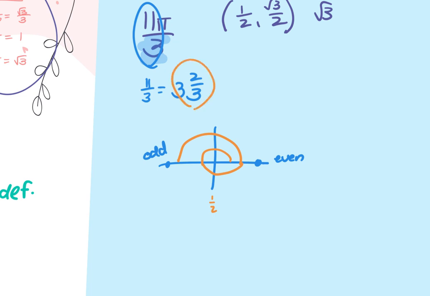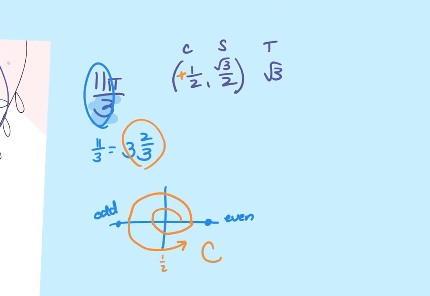Is 2/3 less than a half, or is it more than a half? It's more than a half, which means this is in the fourth quadrant. In the fourth quadrant, cosine is positive, so sine would be negative and tan would be negative. So the goal would be to be able to do that with any number.